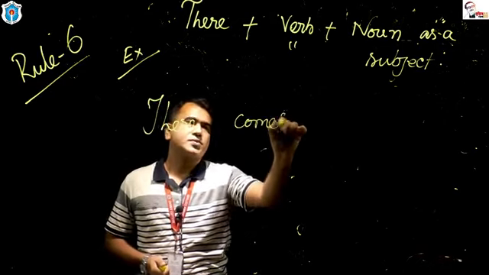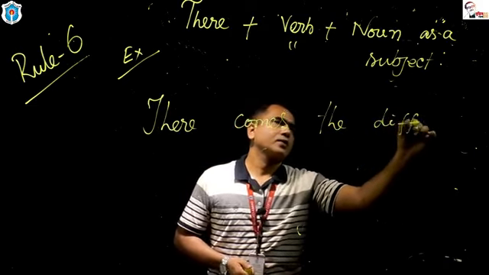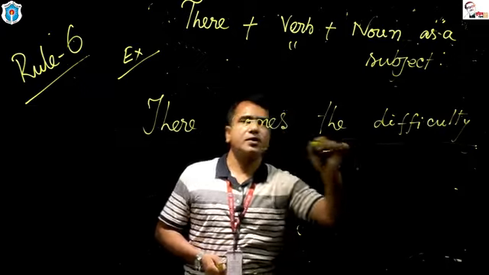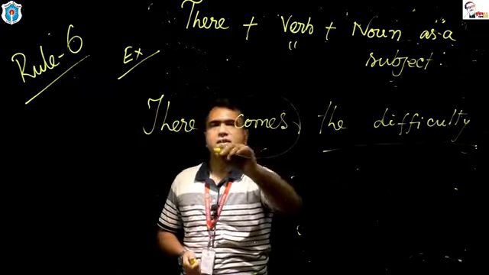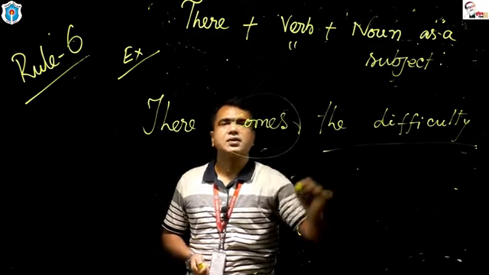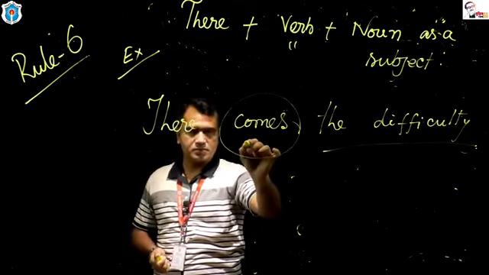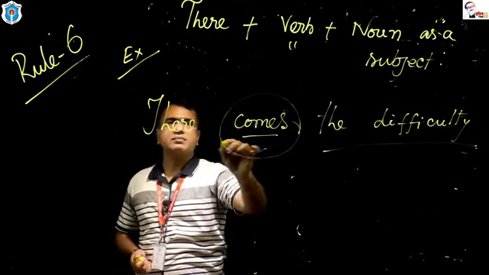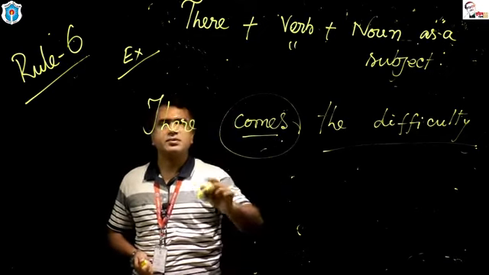There comes the difficulty. Here the subject difficulty is a noun and the verb follows this subject. So here the subject is singular. According to the present indefinite tense, we have used comes, as it is third person singular number.